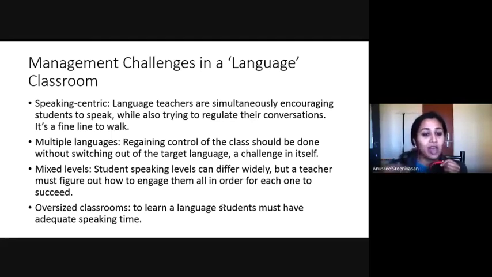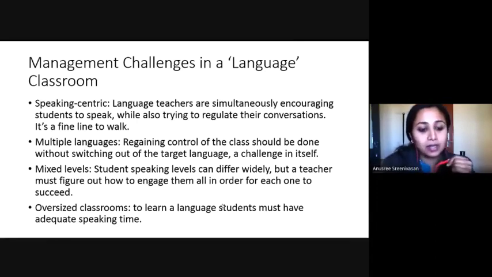If you have a group of students with different speaking levels, it is a challenge for the teacher to engage them all at the same level, and to make sure that each and every one of them succeeds. You don't want to be too fast for the slower students, and you don't want to be boring for the students who pick up faster. So that is a challenge.